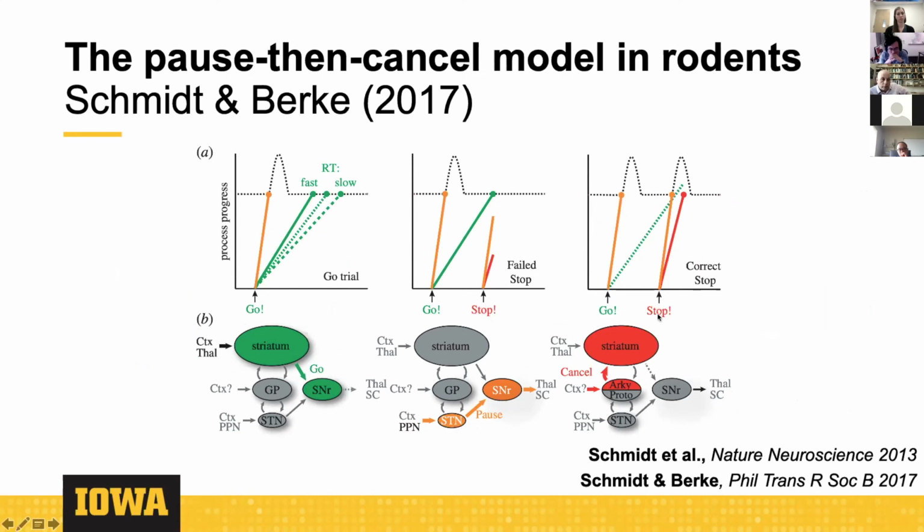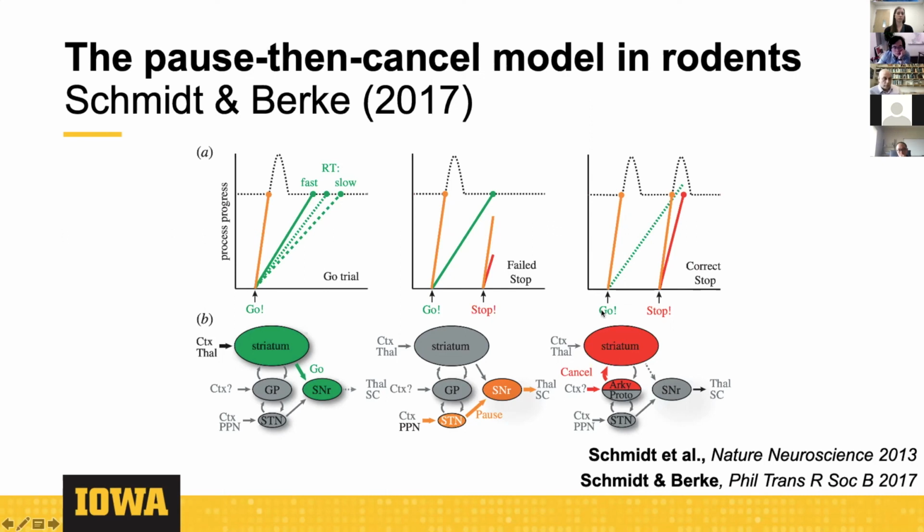And then you have a slower cancel response, which according to their conceptualization uses arkypallidal cells in the globus pallidus. In humans, there would be an equivalent to that. But the idea is that that indirect pathway through the basal ganglia then shuts off the still active innervation of the go response through the striatum.